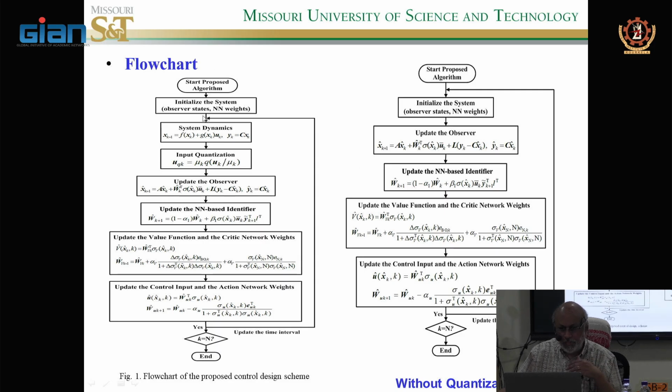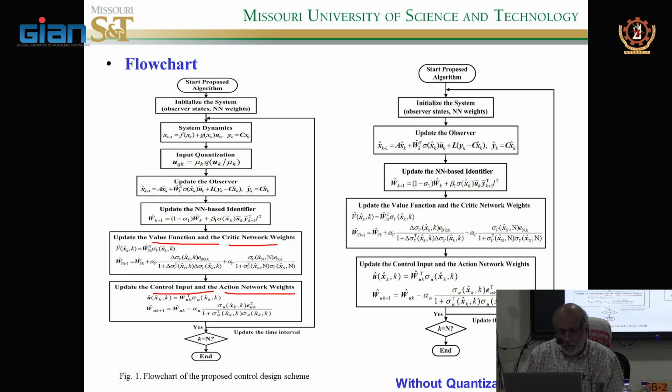So you see that first you initialize the observer states, the weights, you have the system dynamics, then you are using the quantization, in this case the dynamic quantizer, you have the update of the observer, then you have the identifier, then you have the value function update, then you have the critique neural network. Okay? So you have the value function, the critique update, and then you have the control input.